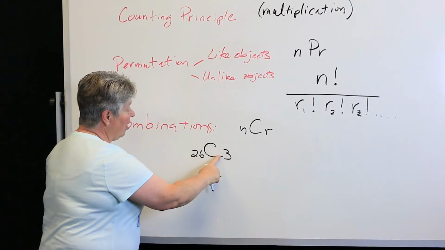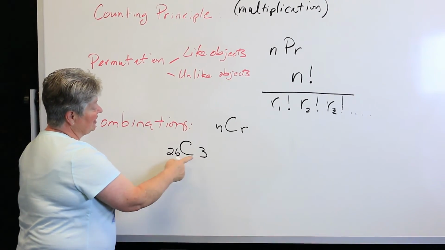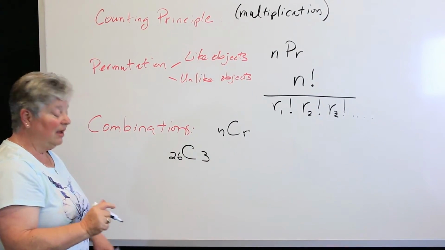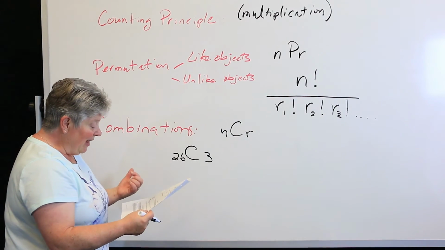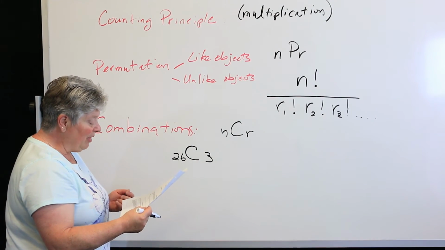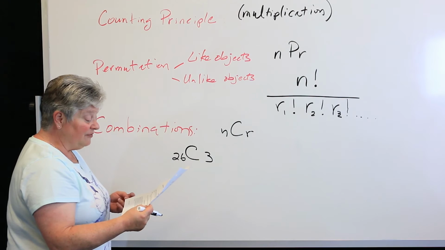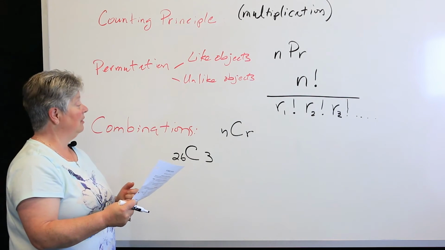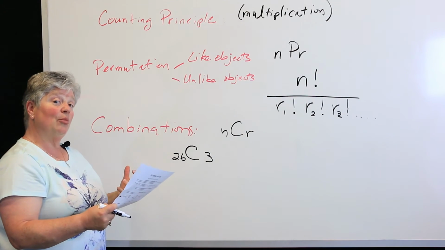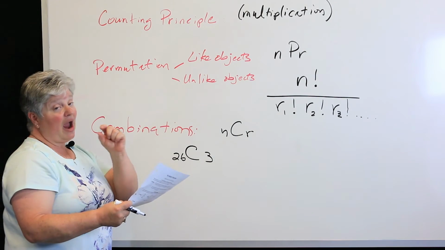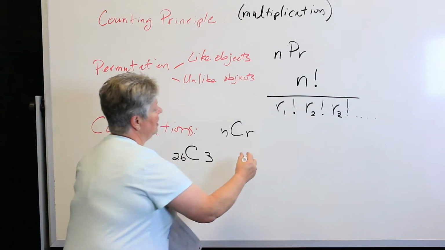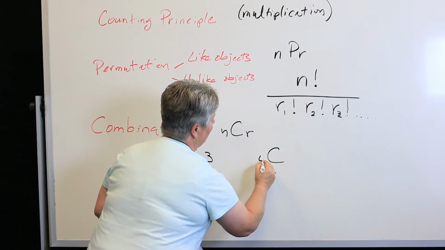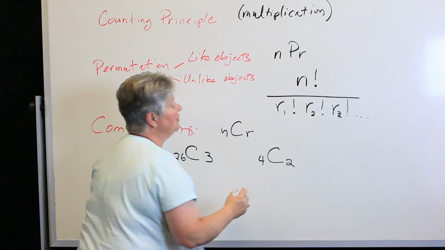So that's going to be a combination of 26, 3. Another example says, how many ways can a committee of 2 people be chosen from a group of 4 people? The total number of people is 4, and I want to choose 2 of them. So that's a combination of 4, 2.